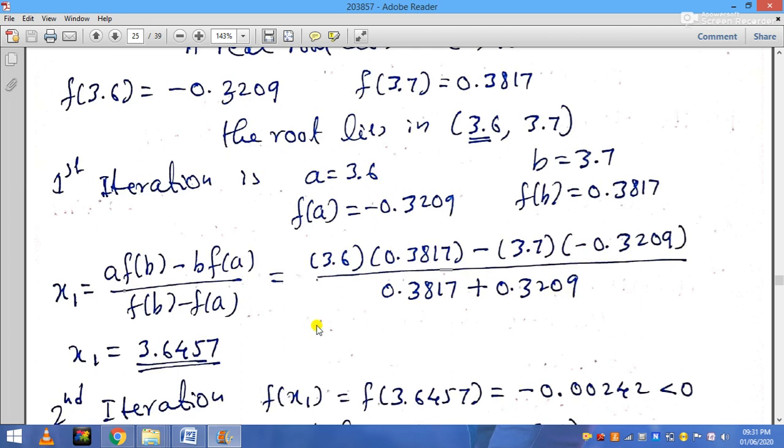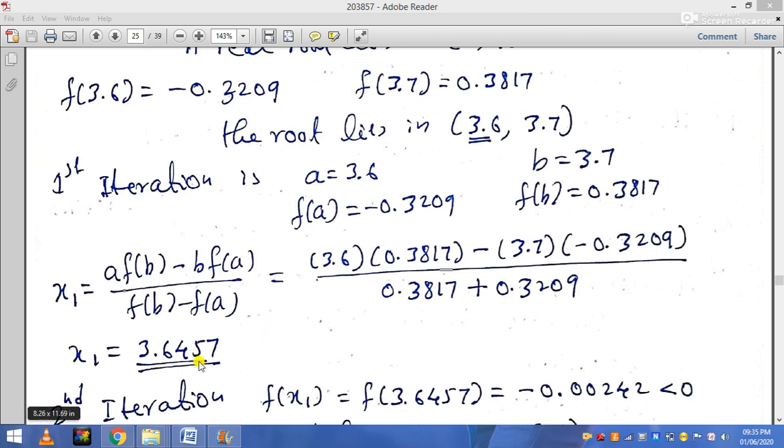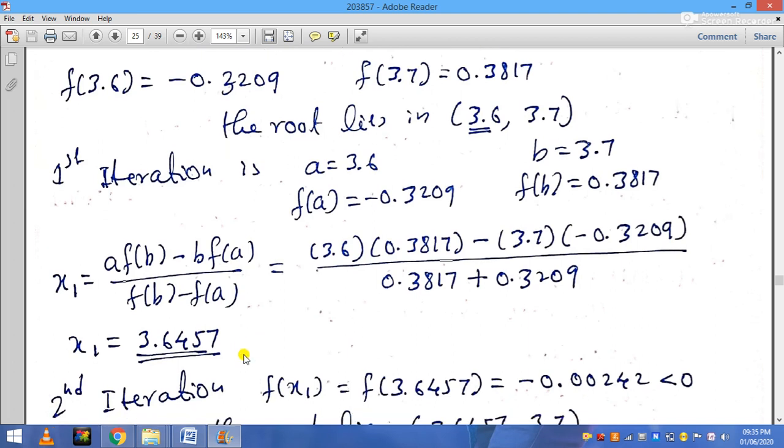On simplification we get x1 is equal to 3.6457.